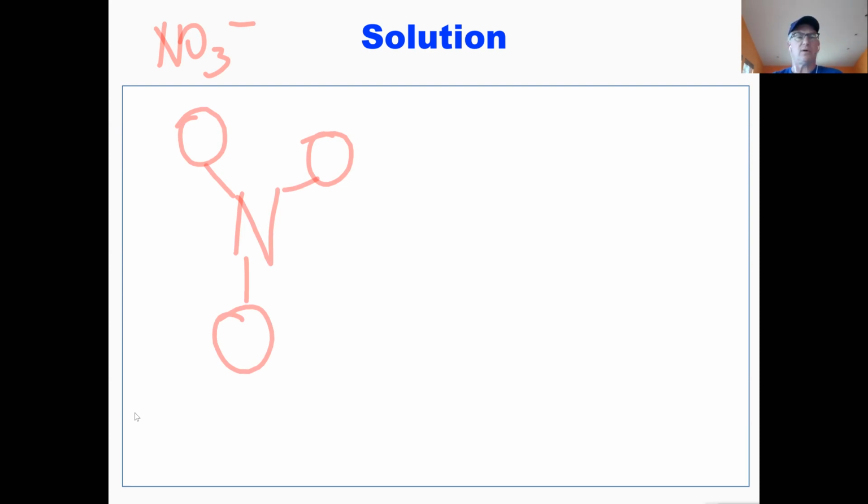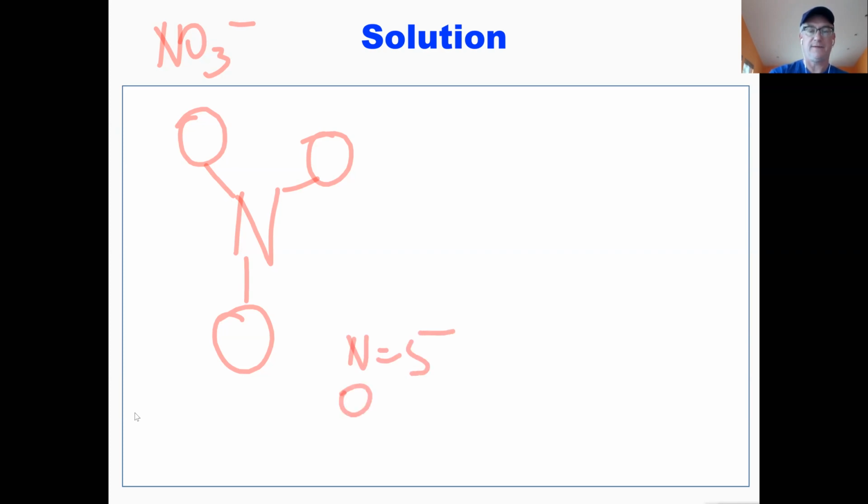So how many total valence electrons do we have in this structure? How many does nitrogen have? What group is nitrogen in? I'm assuming everyone has their periodic table right in front of them. 5, yeah. It has 5.